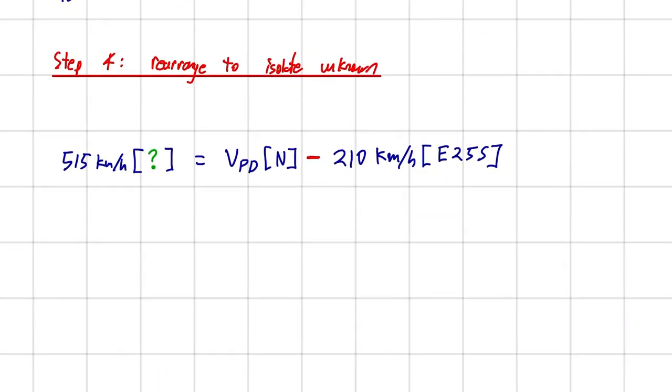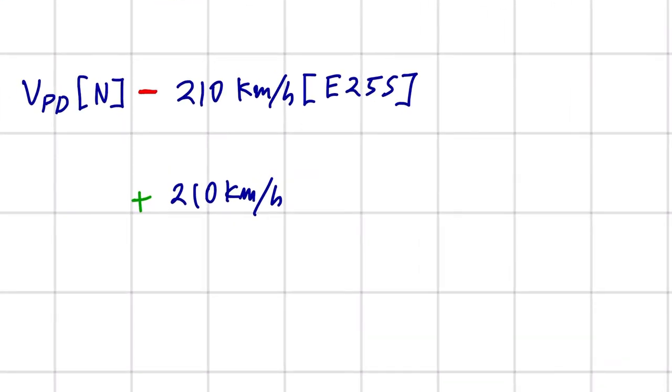So subtracting this vector is going to be identical to adding the opposite vector. So what's the opposite vector of this? The opposite direction. Well, it's going to be switching the east for west and the south for north.